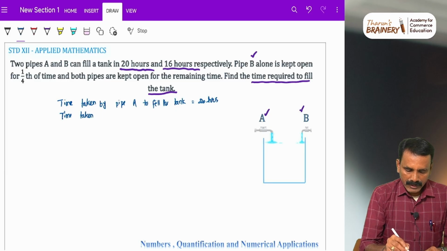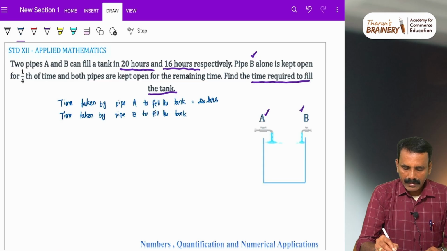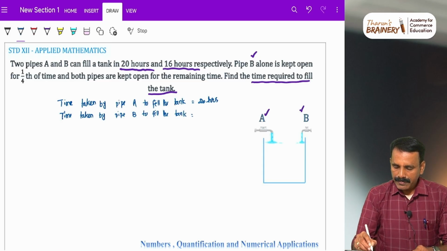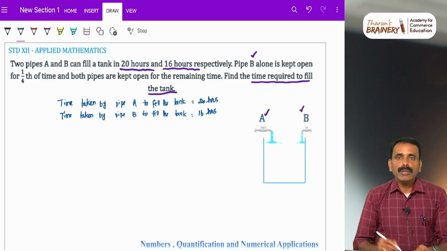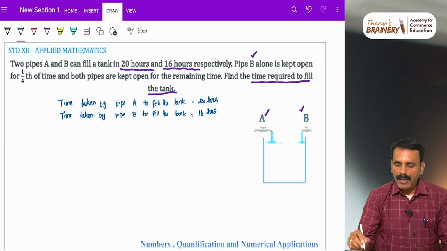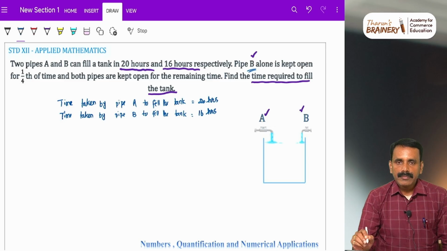Time taken by pipe B to fill the tank will be 16 hours. Both the pipes are not operated together. First we operate pipe B for 1/4 of the time taken to fill the entire tank.